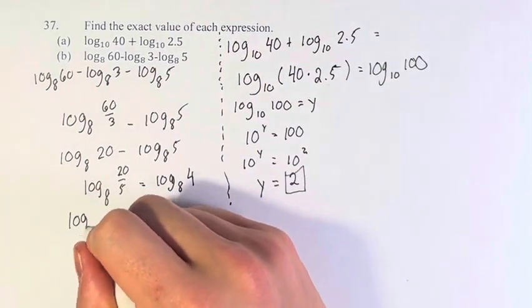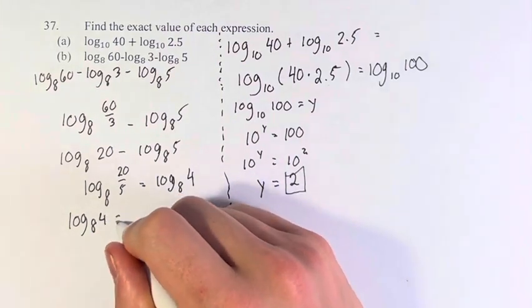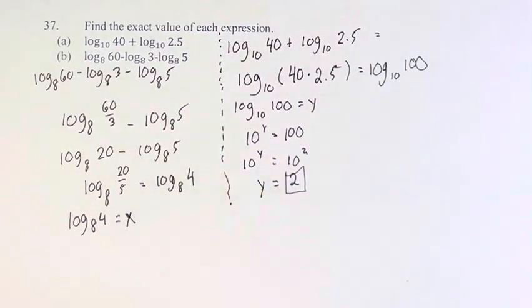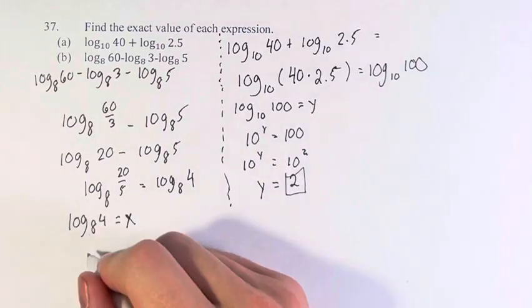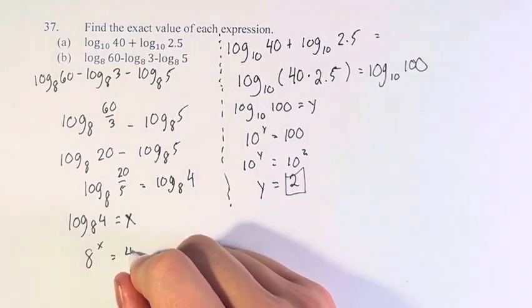If we say log base 8 of 4 is equal to y, or sorry, let's say that's equal to x, because we already used y, then we know that 8 to the x equals 4.